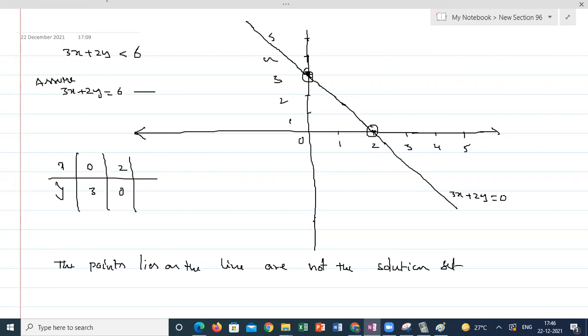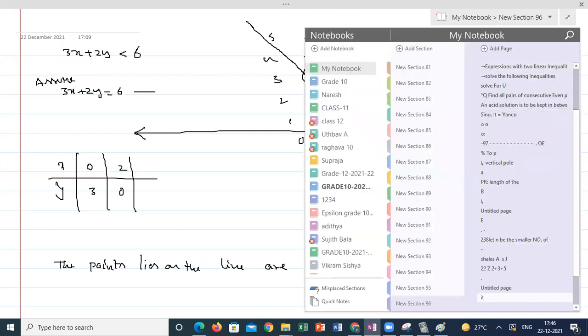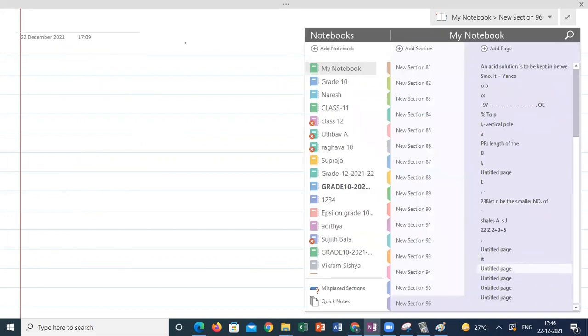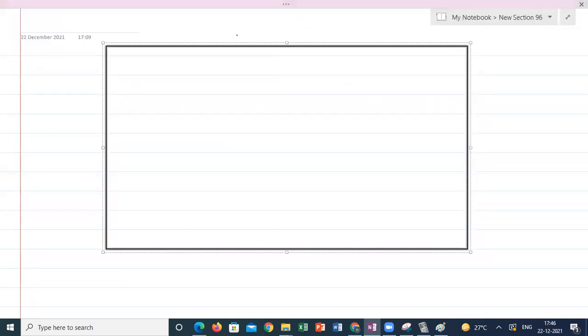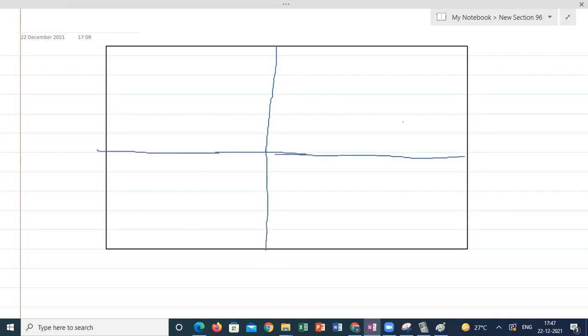Yeah. So now this line is dividing the entire plane into parts. For example, this entire plane is like a box. It is actually infinite, so I'm taking a particular box. This is my x-axis and y-axis, so the plane is divided into 4 quadrants.